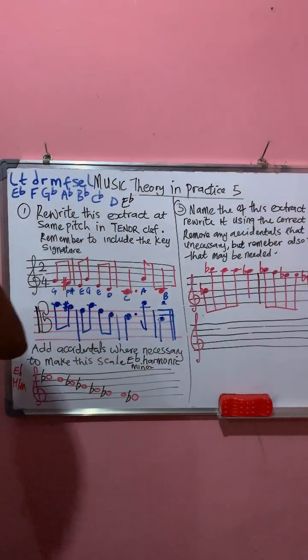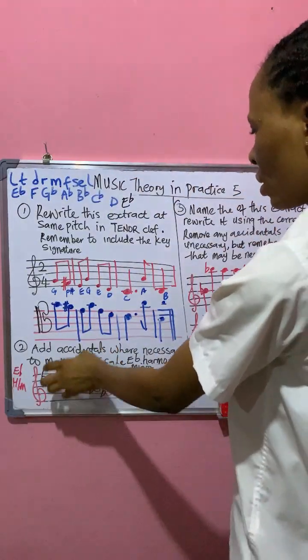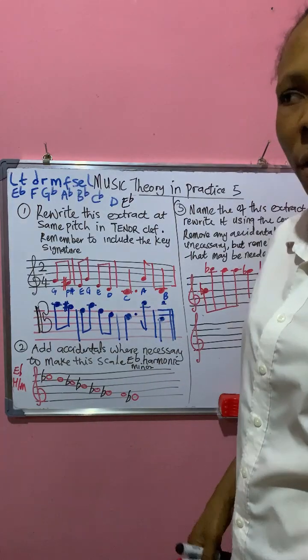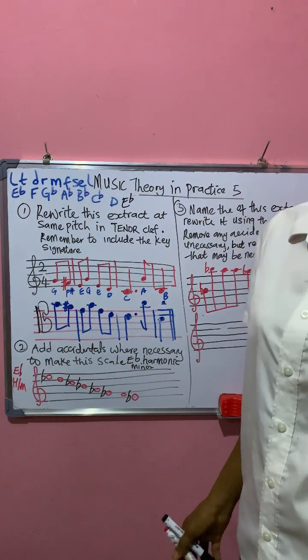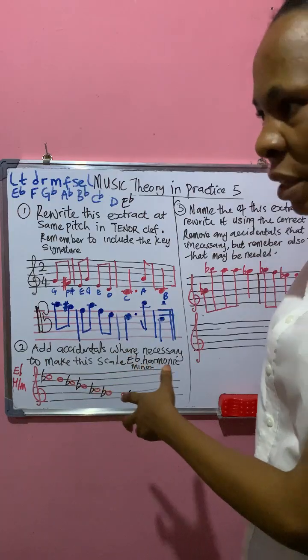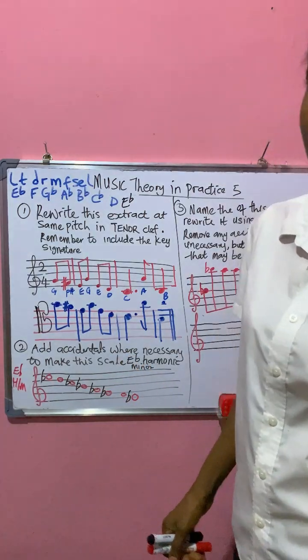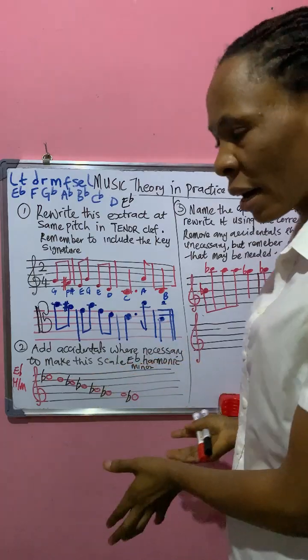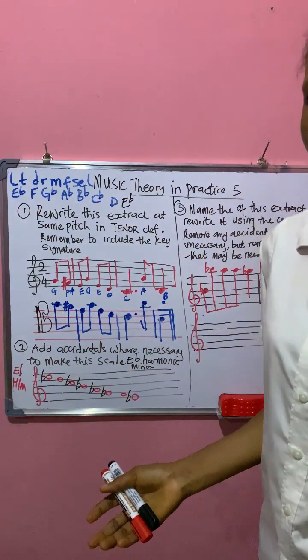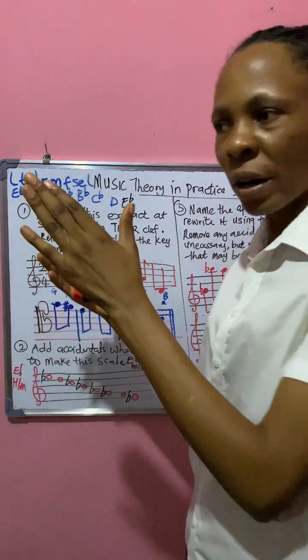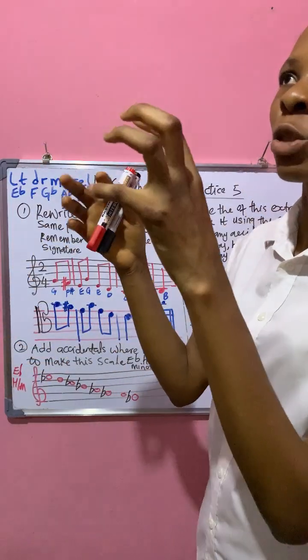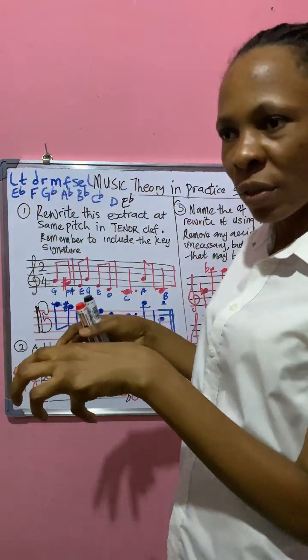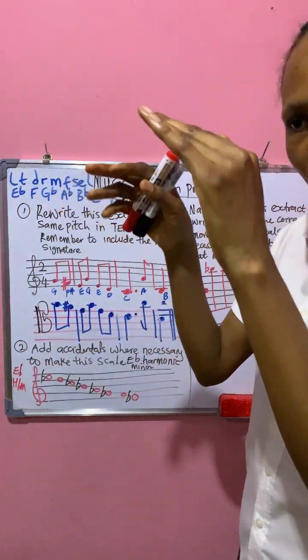But then there's another thing, because you can't just know what E flat harmonic minor or E flat minor is. First of all, you have to know the relative major of the key you're working on. So how do you find the relative key of E flat? Since it's La, you need to count La, Ti, Do until you find your Do. The relative major you're finding is always at Do.